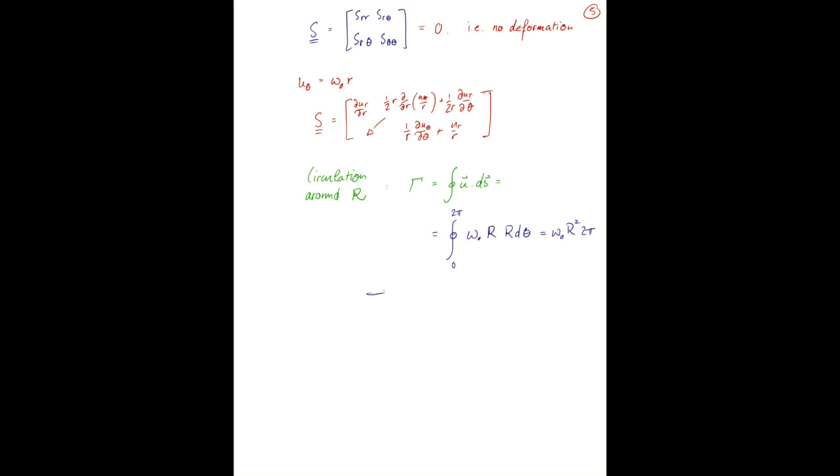So the circulation, in this case, is simply 2 omega 0 times pi r squared, which is nothing else but the vorticity times the area of the loop that we consider here.